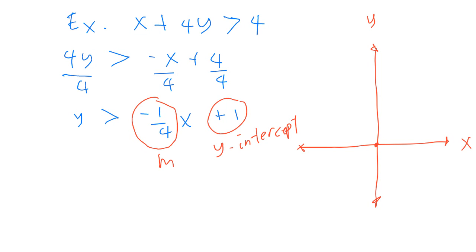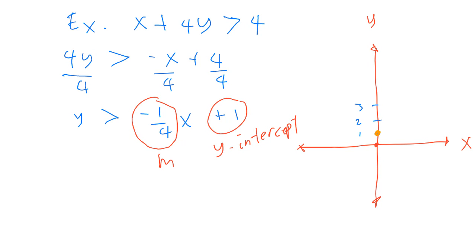The intersection point is the point of origin, which is at 0, 0. So positive 1 should be over here, 1, 2, 3. So positive 1 should be here. And that would be our y-intercept, which is our first point.